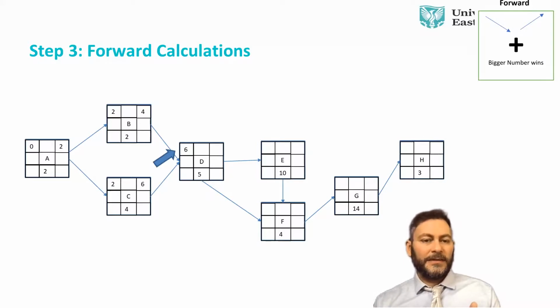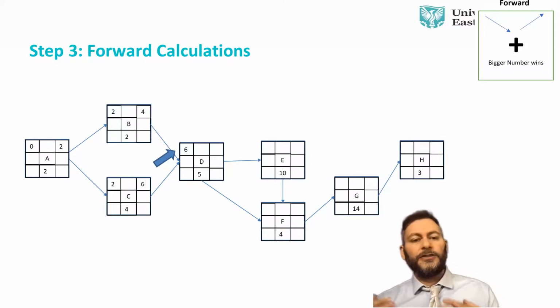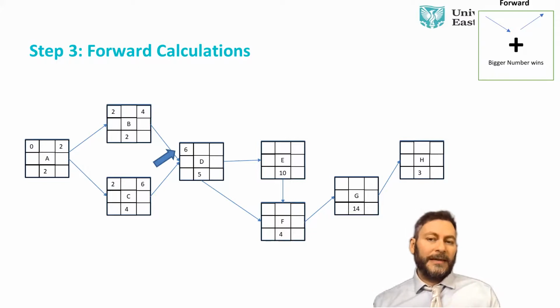The designing cannot start just because we finished, I think it was analysis early. We have to wait for both activities. Sorry, it was planning. We can't start because planning finished. We have to wait until the analysis finishes. So we have to wait for both activities, and therefore always the bigger number wins when we do the forward calculation. And this is where we get number 6.